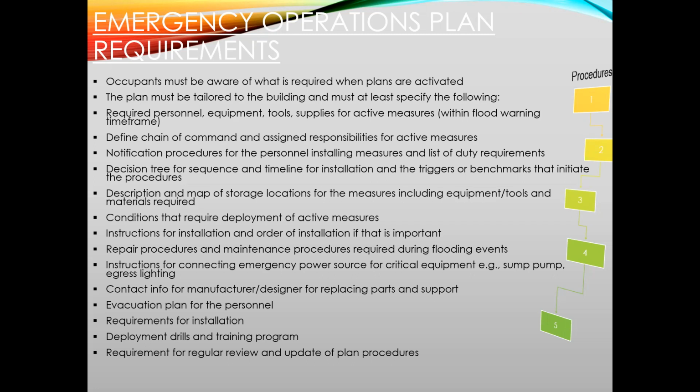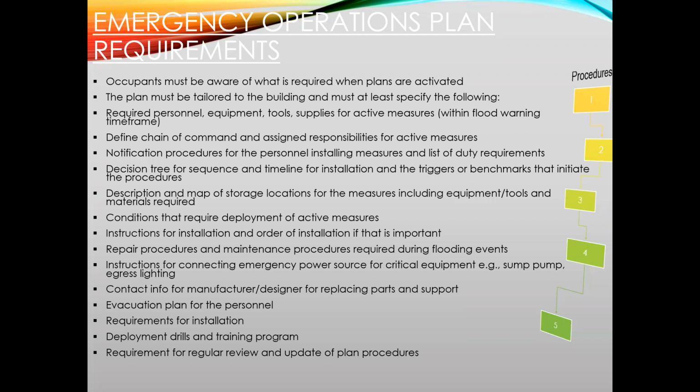So as I said, it's a large undertaking to try to dry floodproof either an existing structure or design a new structure that is going to be dry floodproofed. And so you have all of these site-specific things like conditions that will allow for active measures. Just having a decision tree and a timeline for notifying your personnel.